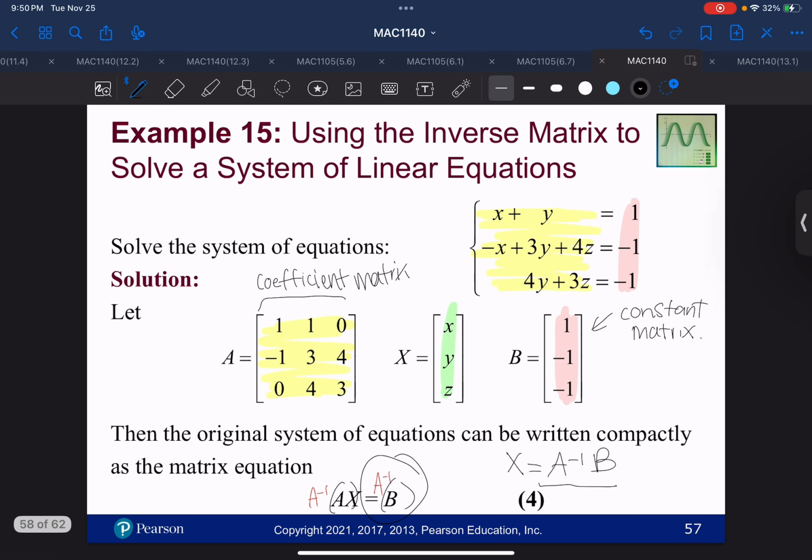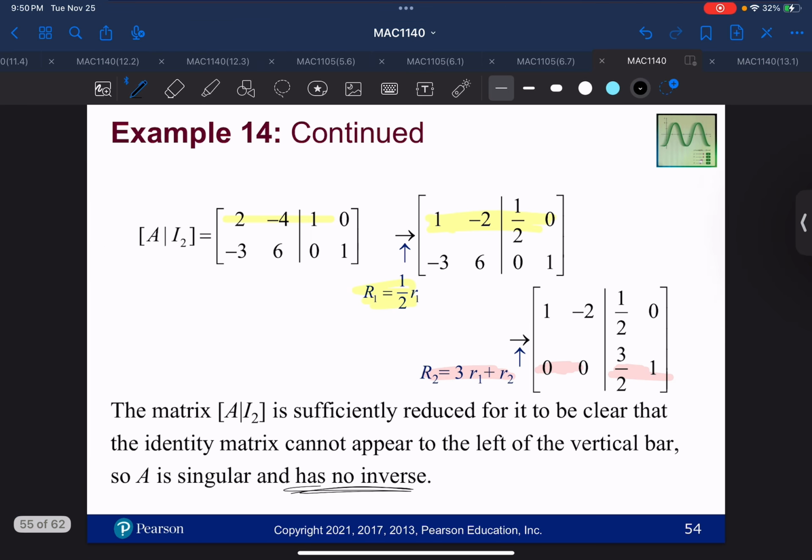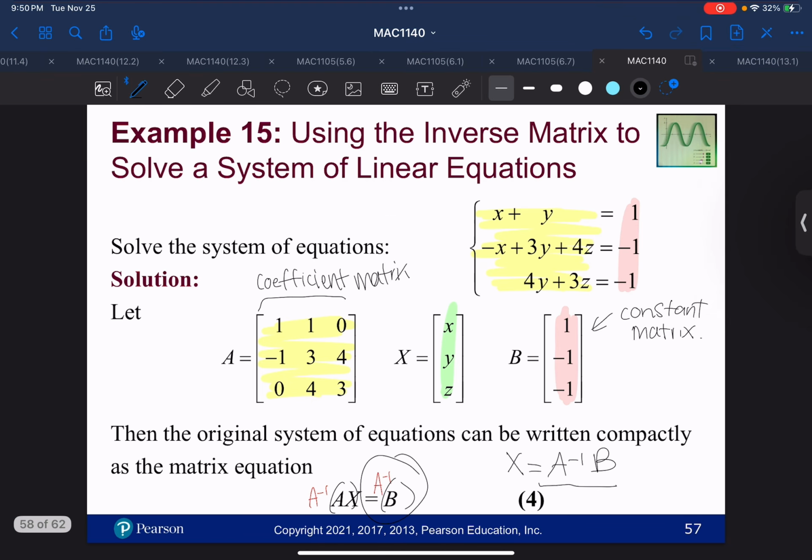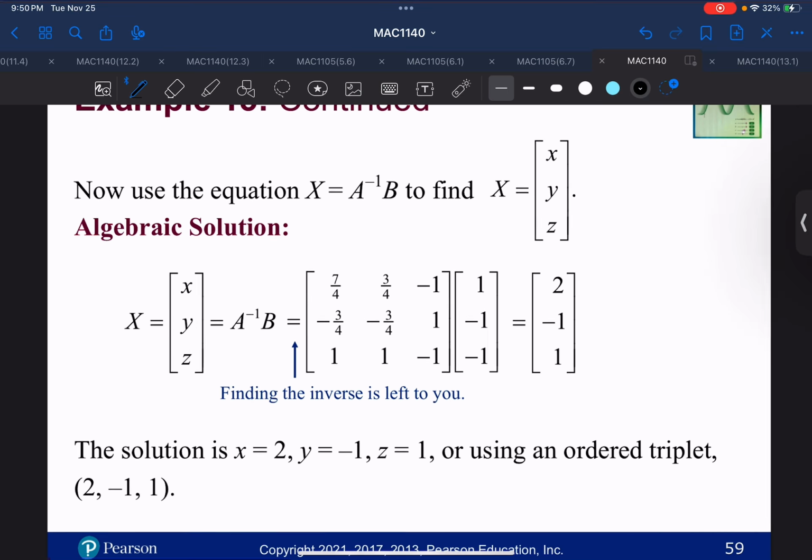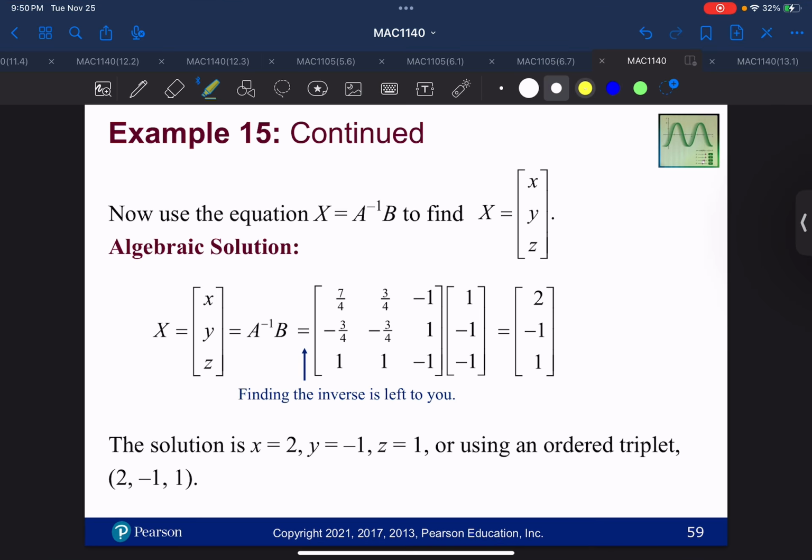Okay, so I guess they already found the inverse to this matrix over here. They didn't really say that, but I'm guessing that this is A inverse.